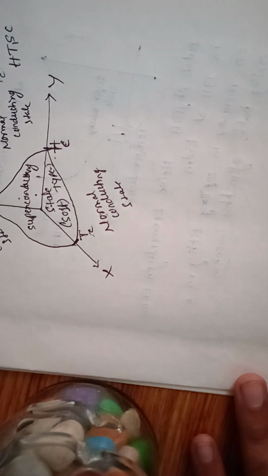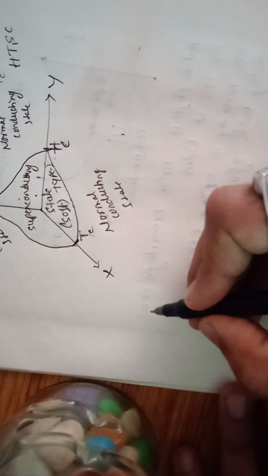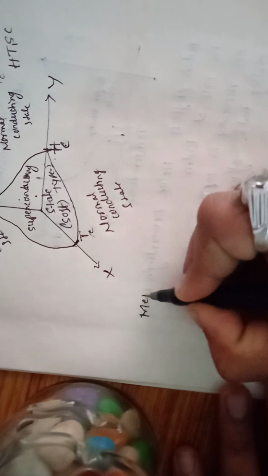These are the two scientists. They showed one of the important characteristic properties of superconductors. We call it the Meissner effect. It shows the superconducting materials are perfectly diamagnetic in nature.